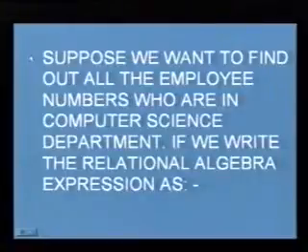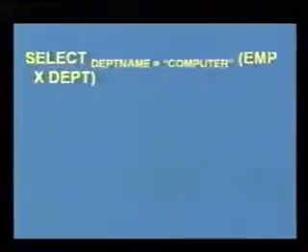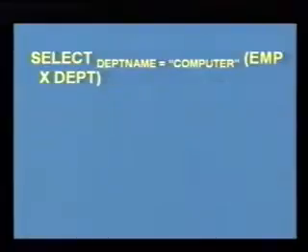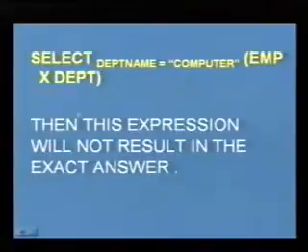suppose that we want to find out all the employee numbers who are in the computer science department. If we write the relational algebra expression as select department name is equal to computer, parenthesis, EMP cross DEPT, then this expression will not result in the exact answer.